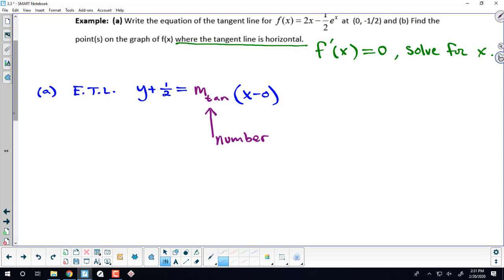So the first thing to do is to find the derivative function. So we find f prime. Given that our function is 2x minus 1/2 e to the x, what is the derivative of 2x minus 1/2 e to the x?